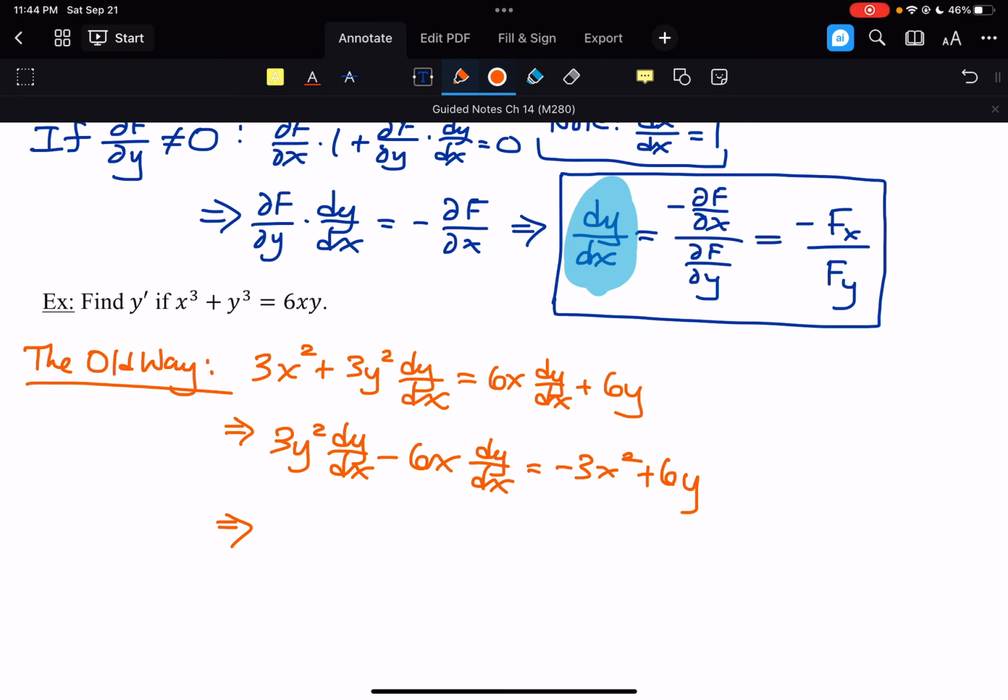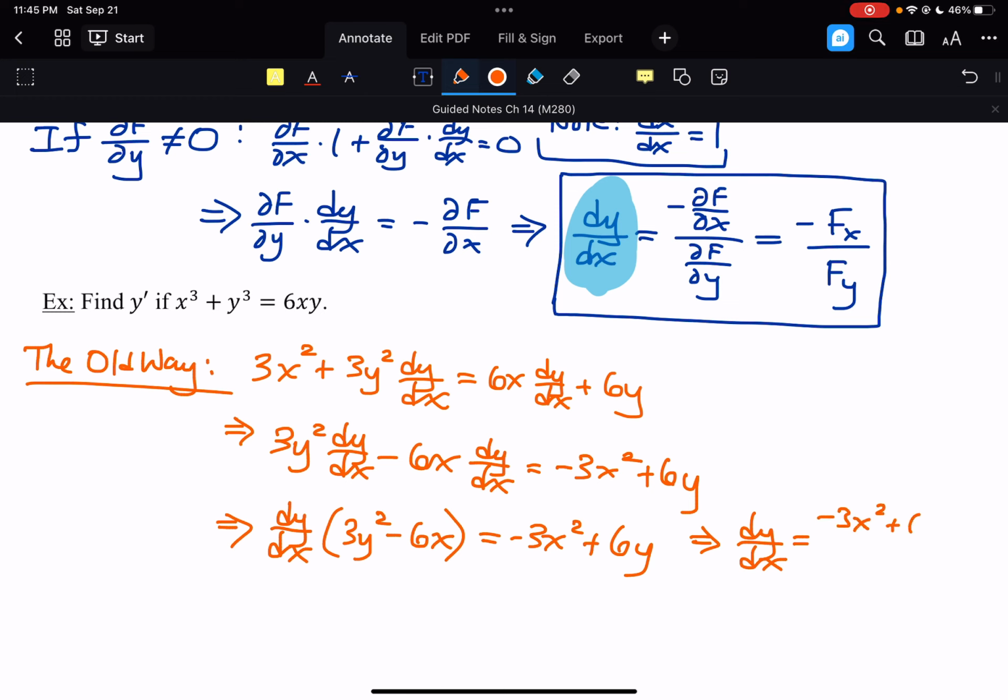And then factor out the dy dx. We're left with 3y squared minus 6x equals negative 3x squared plus 6y. And then divide. So we would get dy dx is negative 3x squared plus 6y over 3y squared minus 6x.